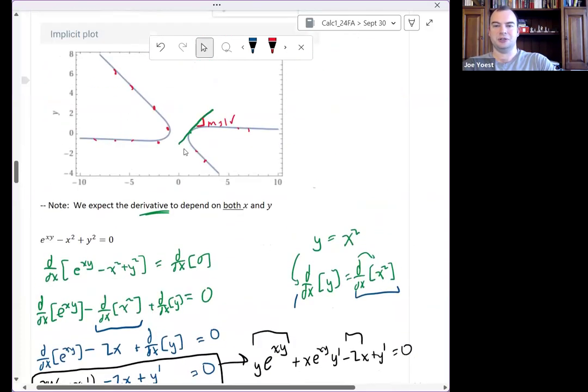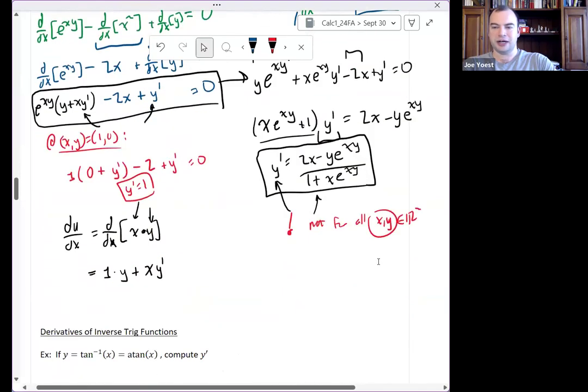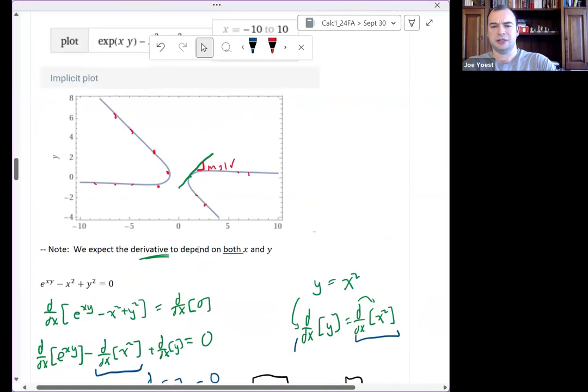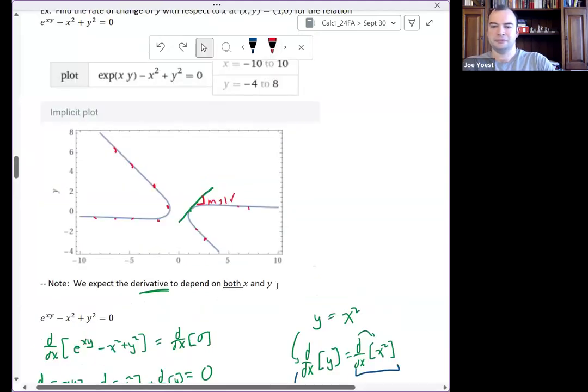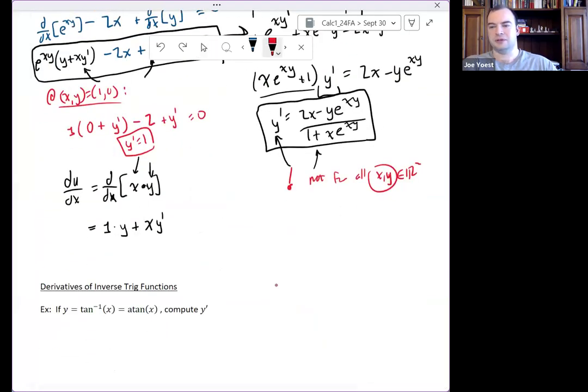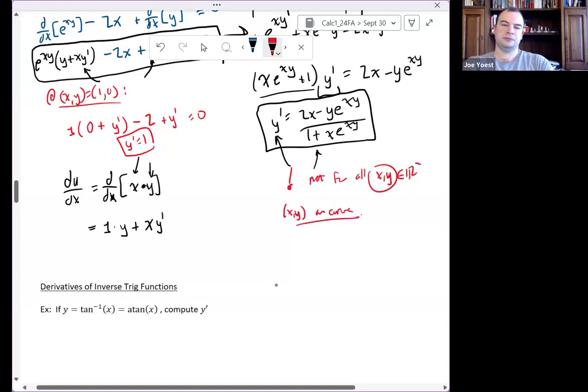It represents the slope of a tangent line to this curve, provided that I plug in x, y ordered pairs that are actually on the curve. If I plug in some random number out here, I might get some number that I'm saying is a derivative, a slope, but that doesn't really make any sense. So not for all xy, but for xy on the curve.